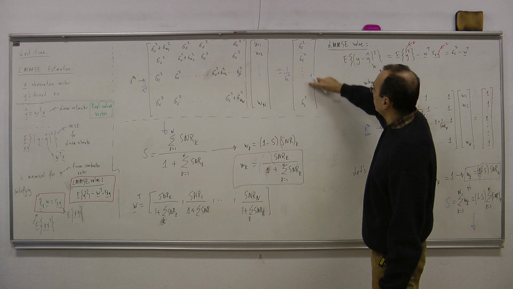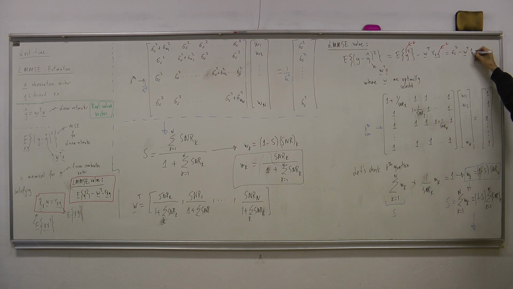RXY is actually this vector of ones, but let me write sigma c squared times ones. Previously we have calculated this RXY vector. X is the vector, y is the desired quantity.